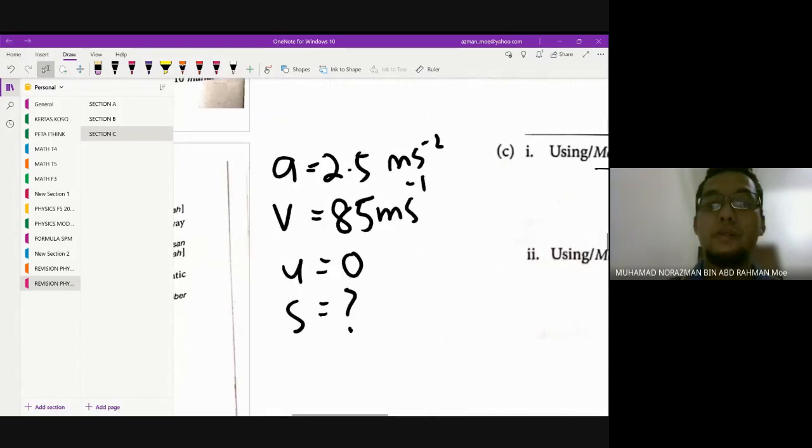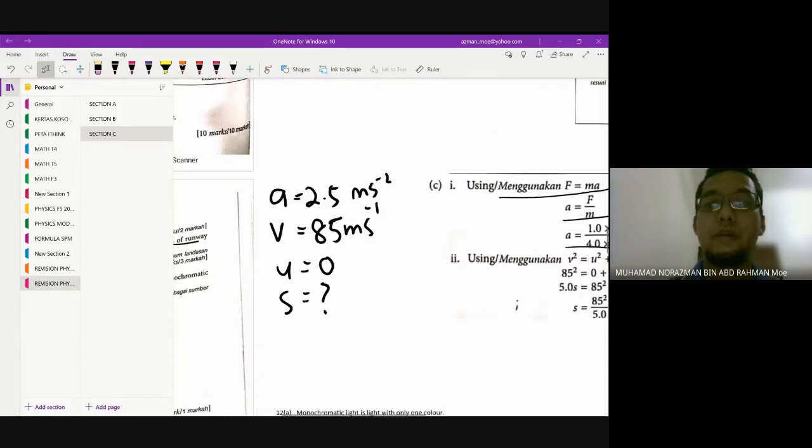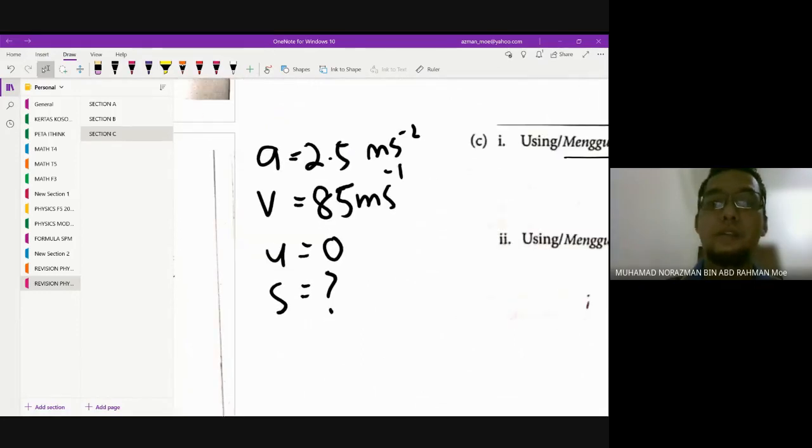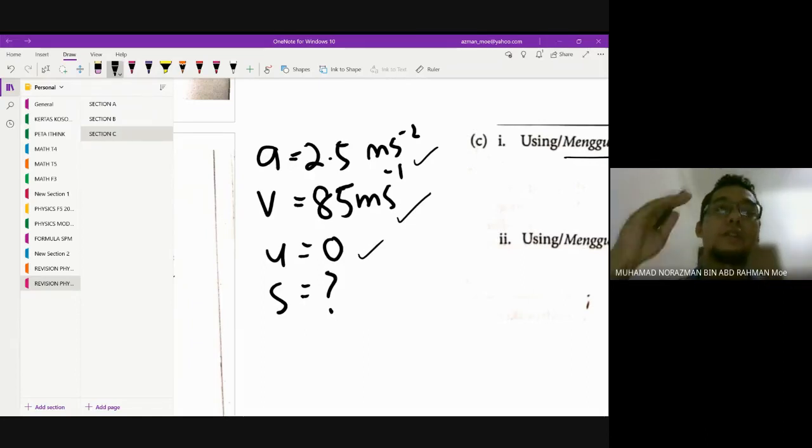We know the value of a from our previous question is 2.5 meter per second square. We know the final velocity, because the minimum velocity needed is 85 meter per second. Initial velocity is 0, because the aircraft should be stationary.